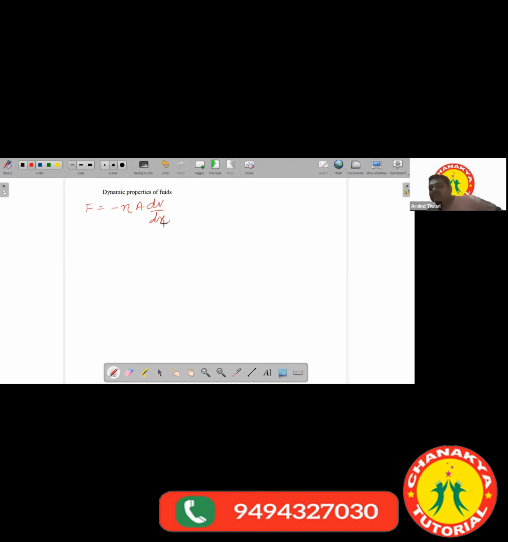where dV by dx is the velocity gradient, A is the area of contact between the layers, F is the backward dragging force, and eta is the coefficient of viscosity. So from here, we can also define the coefficient of viscosity. The coefficient of viscosity is defined as the backward dragging force acting on a unit area having a velocity gradient of 1 per second.